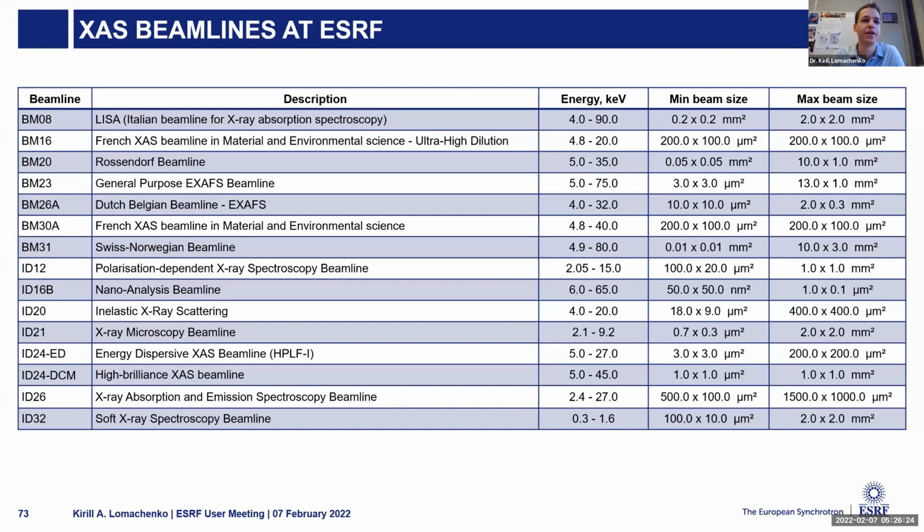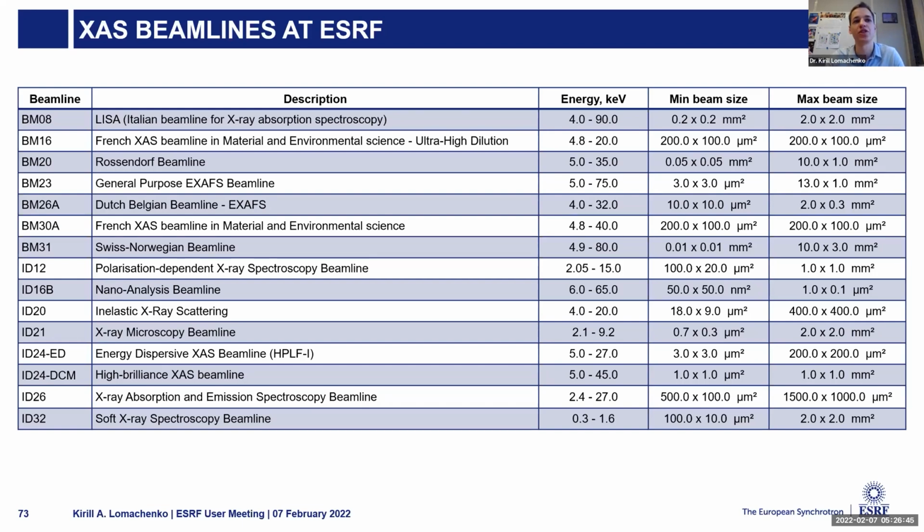ID24 is an undulator based high brilliance XAS beamline. There is now a dispersive branch and a scanning branch, but there are also a set of undulator ESRF beamlines for XAS with different flavors.